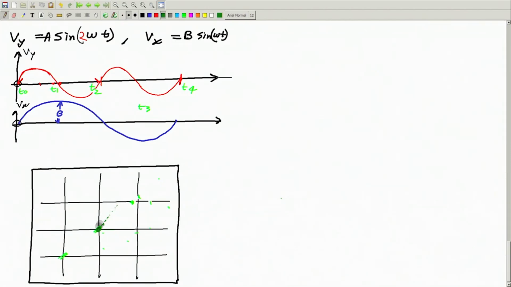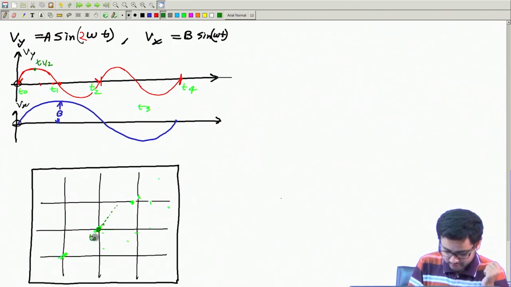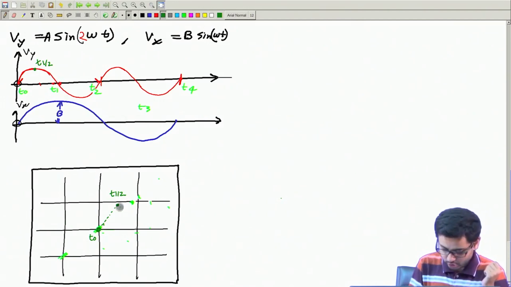I'm not claiming that this is going to be a straight line. We know that from here we will go towards the right and upwards, and this point is t half. After t half, height will decrease, but x position will keep increasing, so we go right and down and come somewhere here. This will be t1.